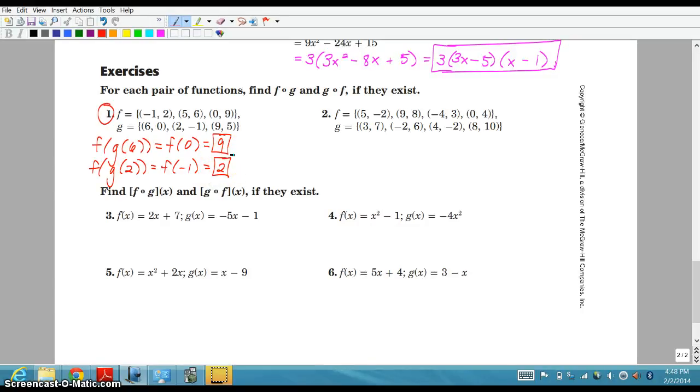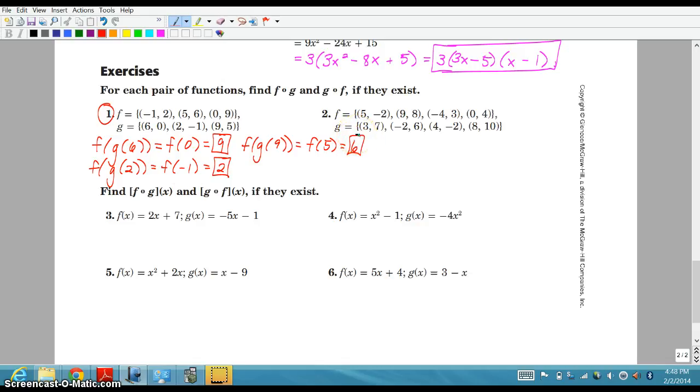We'll go ahead and finish up with the last input for the g function, f of g of 9. G of 9 is 5. F of 5 does exist. It is 6.